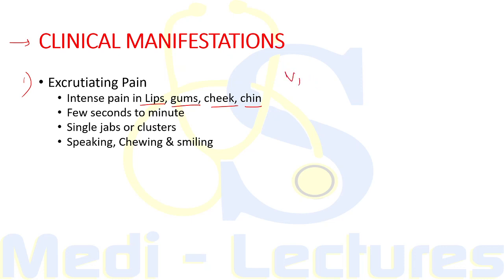Mainly it is present in the mandibular division of the nerve. The pain lasts for a few seconds to a minute or two, and the paroxysms are experienced as either single jabs or clusters of pain.